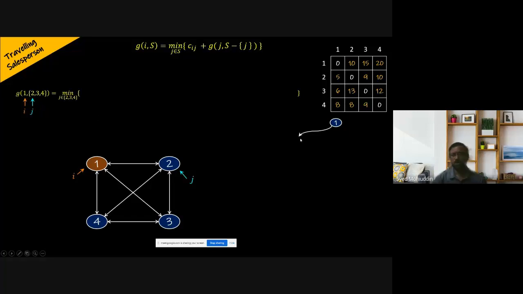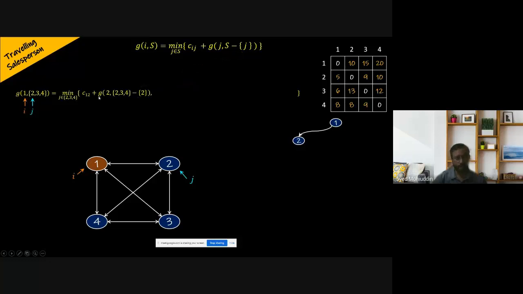What this means is, from 1, we are proceeding to vertex 2. So the first part will be C of 1 comma 2, because i is 1 and j is 2. So the cost of this edge, 1 comma 2, we can get from the cost adjacency matrix. Plus G of j, what is j now? 2, and comma S, where S is 2, 3, 4 at this instance, minus the vertex which we have considered.